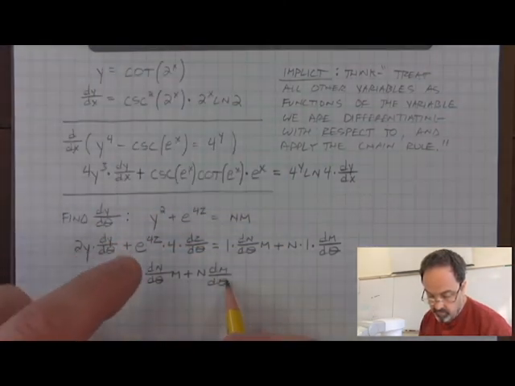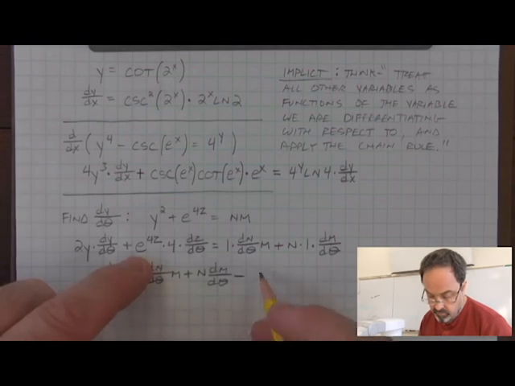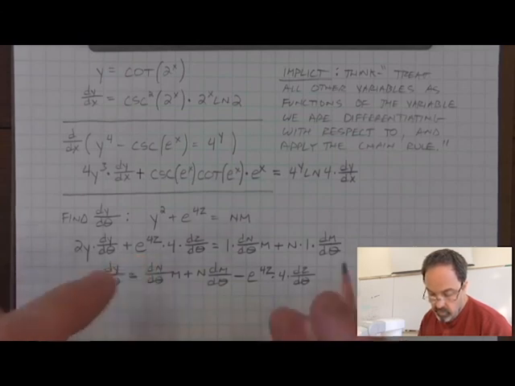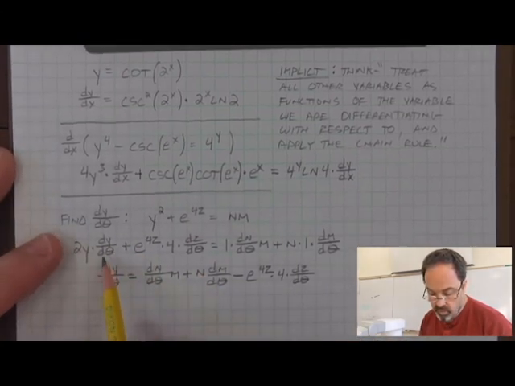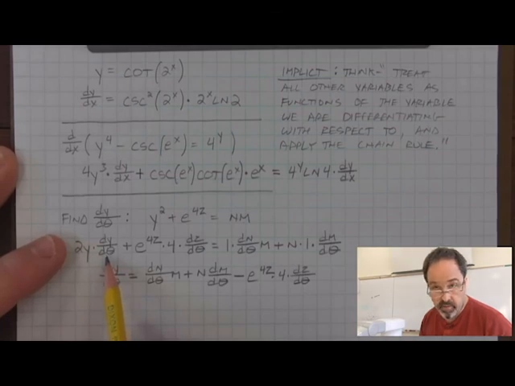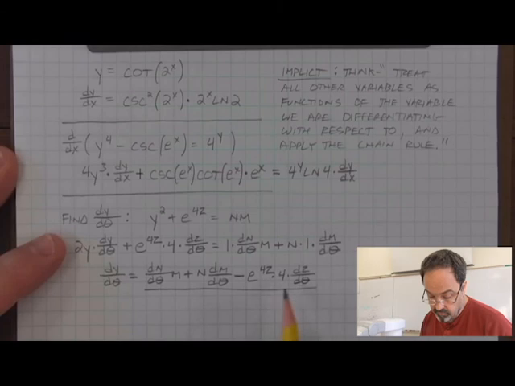And then I'm going to subtract this term, e to the 4z times 4 times dz over d theta, which will get the 2y dy over d theta on one side, and then to get this by itself, I divide by 2y.